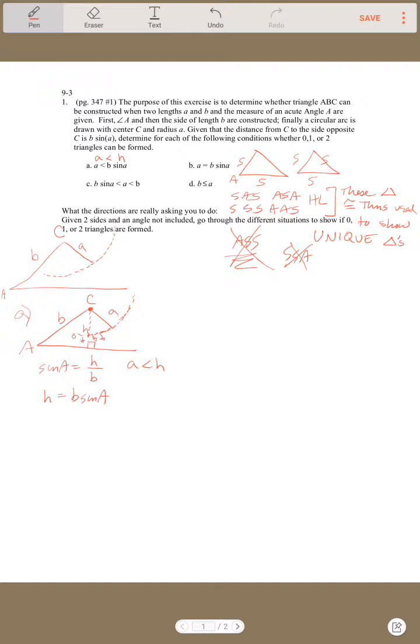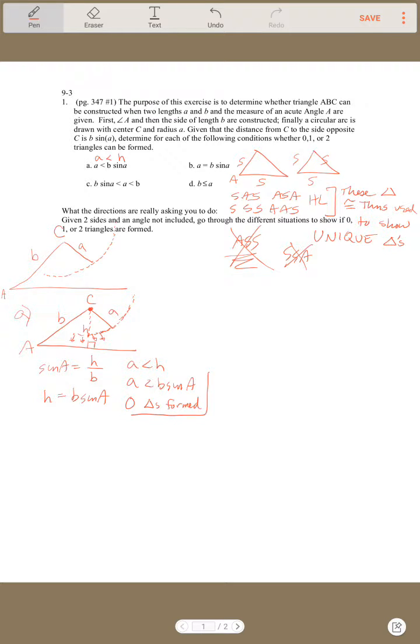However, because it's too short, A can never touch that third side. So if A is less than H, or in other words, A is less than B sine A, we notice that we can't actually form a triangle out of it. We get 0 triangles formed.